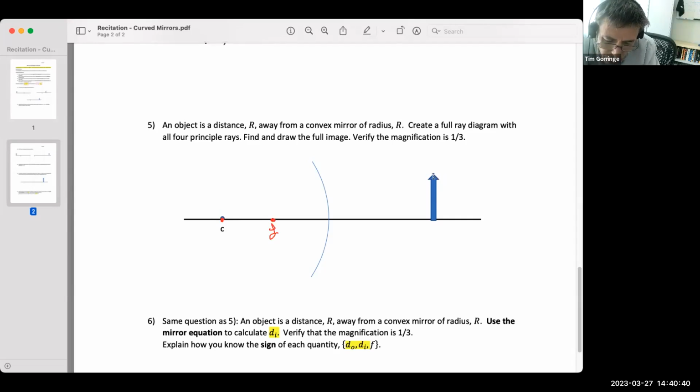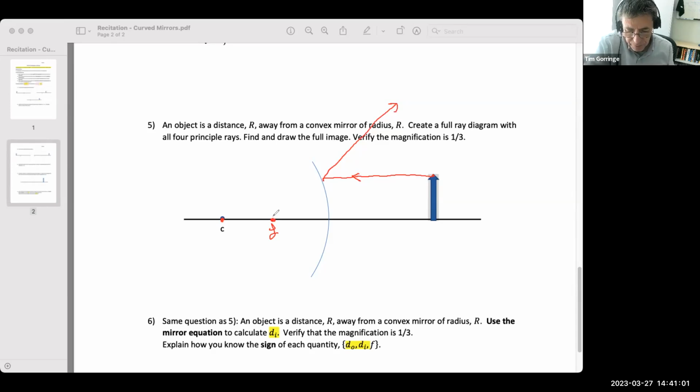One ray we can draw is this one that heads in parallel to the optical axis, this ray here. And then it will head out as if it was coming from the focal point, so something like this. This appears to come from the focal point.